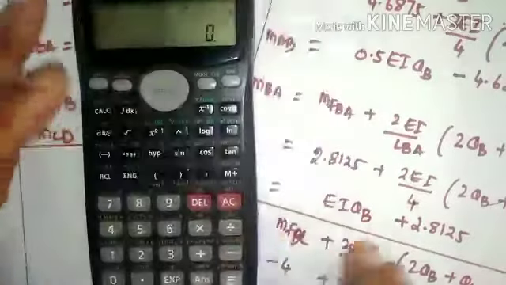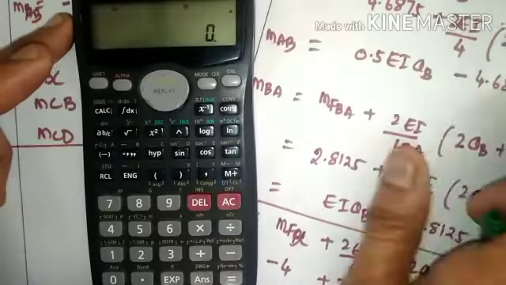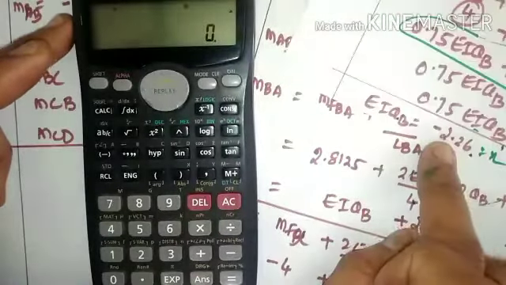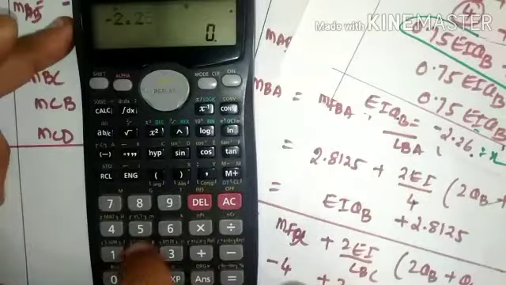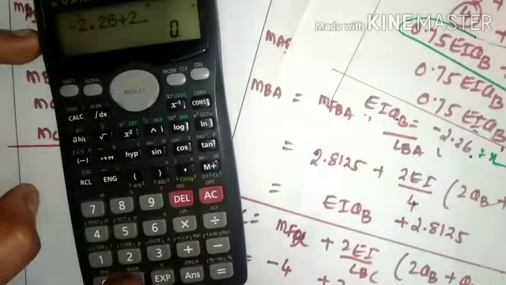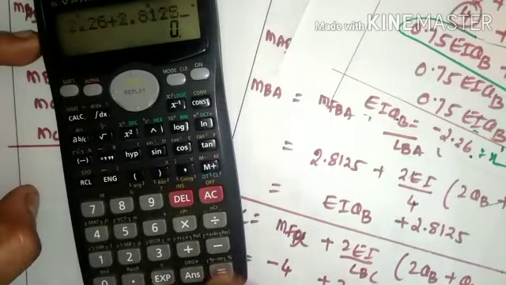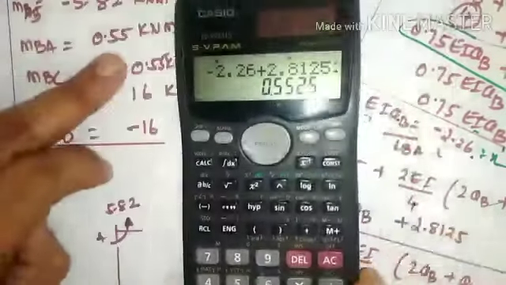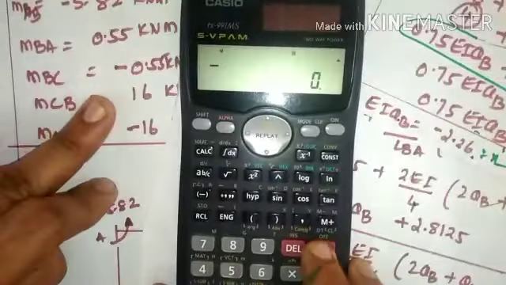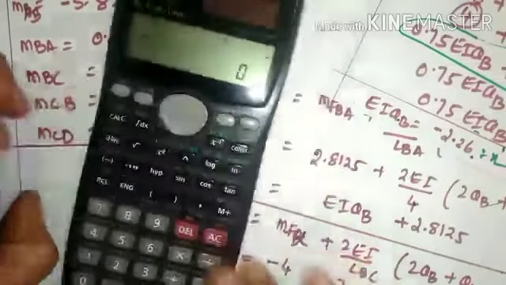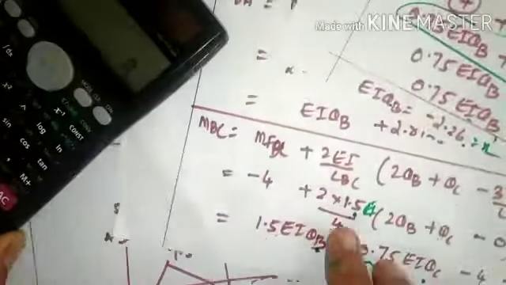Likewise, if you take MBA, the second equation, and theta B is minus 2.26, so minus 2.26 plus 2.28125, which will come as 0.55. So this is 0.55. Likewise, MBC will be minus 0.55. Here it is, the MBC equation.